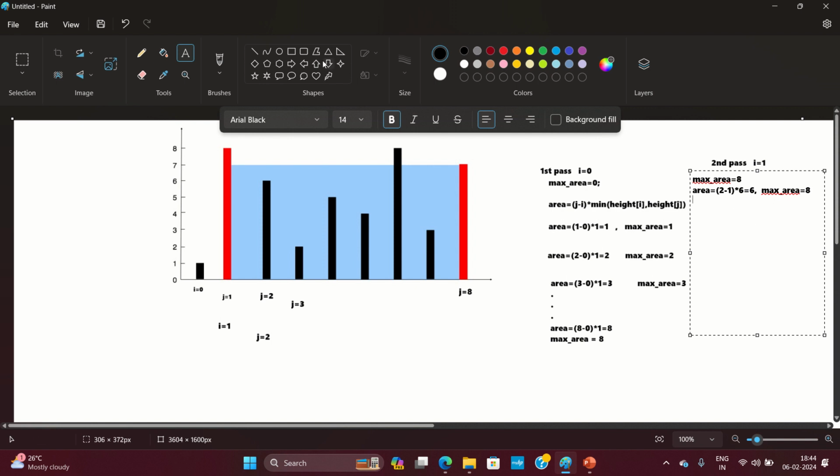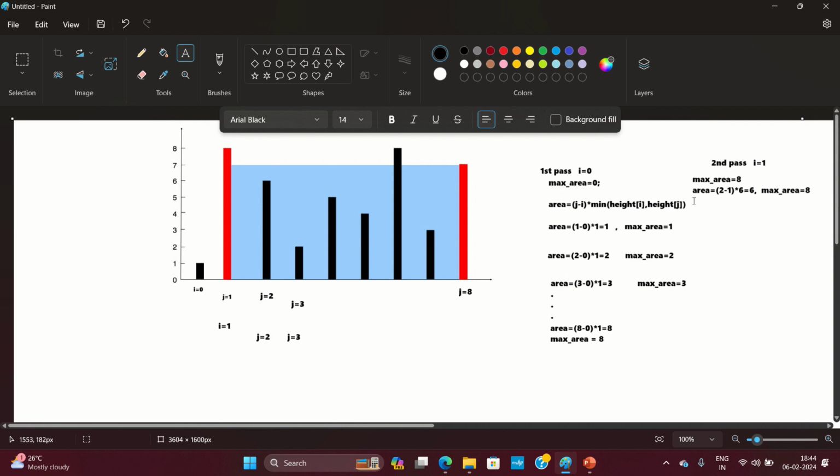Again, when j reaches index 3, in this case 3 minus 1, that is 2, and 2 into the minimum of these two heights, that is 8 and 2, of course 2.